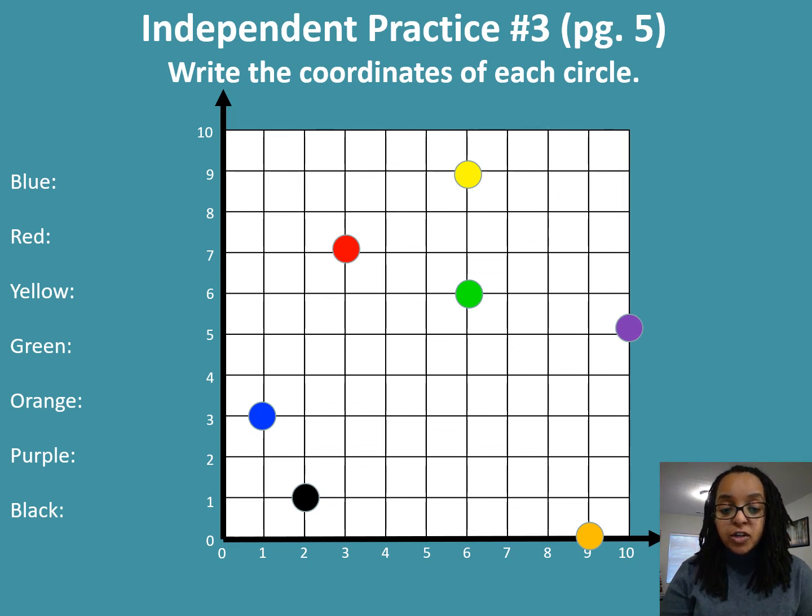So I start at my origin, I go over in my x-axis to figure out where blue would lie, and it looks like it's at 1. Then I would go up on my y-axis to figure out what the y-coordinate of blue would be, and it looks like it's at 3. So 1 comma 3 would be my ordered pair for blue.